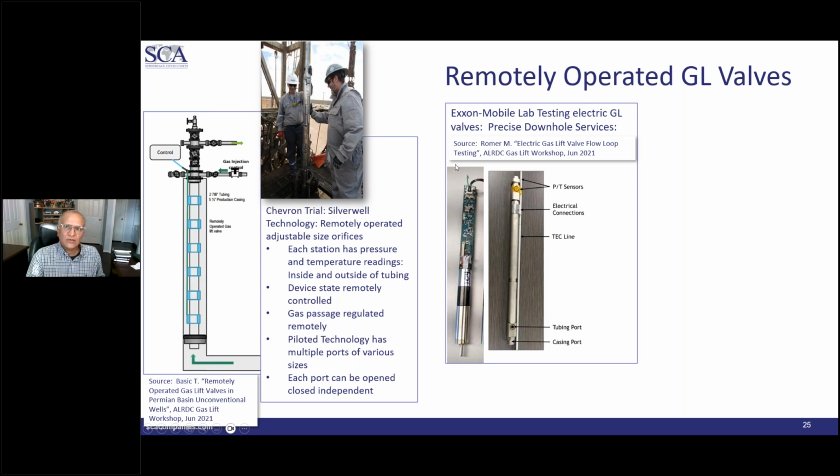Now, additional benefit of this remotely operated gas lift valve is that you also get a downhole measurement, because typically pressure and temperature sensors are incorporated into the electronics of this remotely operated gas lift valve. So this approach has very good potential, not only in Permian, but around the world.